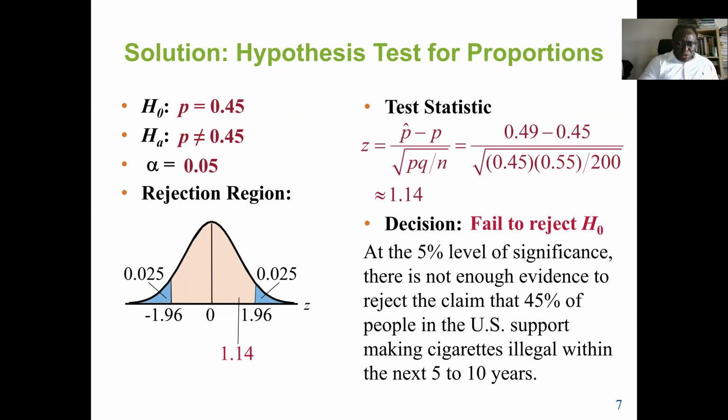The p-value for 1.14, I'm using the standard normal table because this is Z. So I'll go to Z 1.1, then I'll go to 0.04. So that gave me 0.8729.